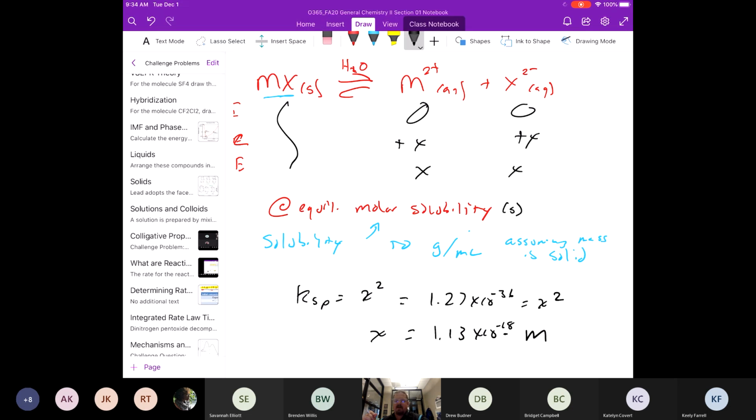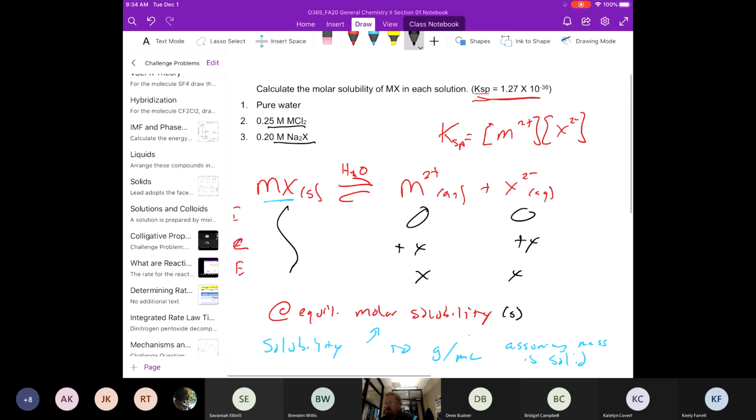So the amount of this that dissolves is going to be really, really small. And because it's really small, for all intents and purposes, this is an insoluble compound. So when we talked about those insoluble compounds before, that's because the solubility of them is very, very small, although there still is one, and this is how we would calculate it.